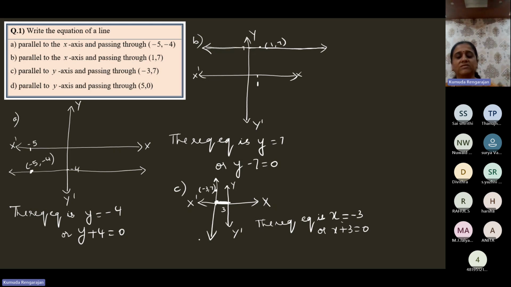If you mark different points on this line, the x coordinate will always be minus 3. Like the address of this point may be minus 3, minus 7. So x is always minus 3 on that line, and x is equal to minus 3 is the equation.